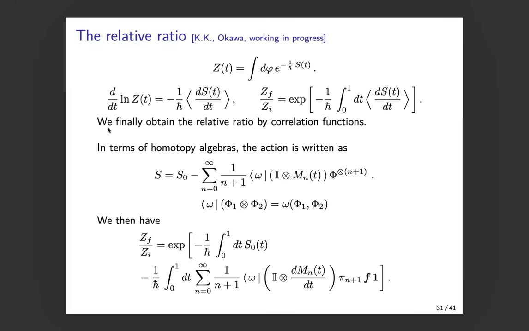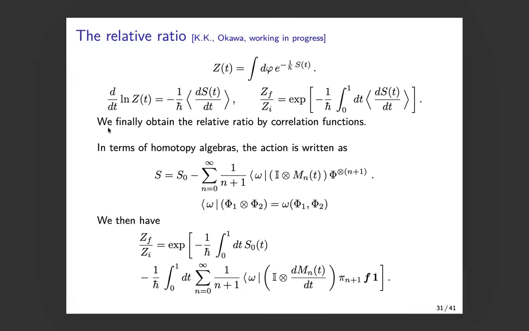The direct calculation of a partition function, we don't know how to do, but as in the previous slide, we know how to calculate the correlator. And this form of the relative ratio can be written in terms of correlation function. So we can calculate this part in terms of homotopy algebra.